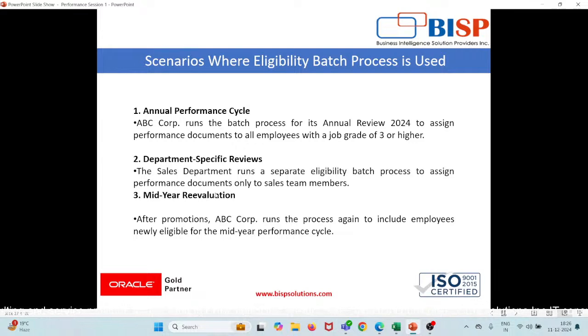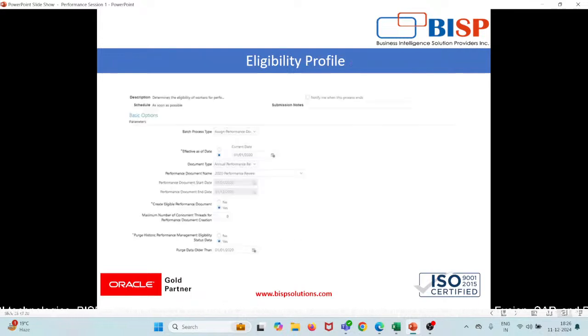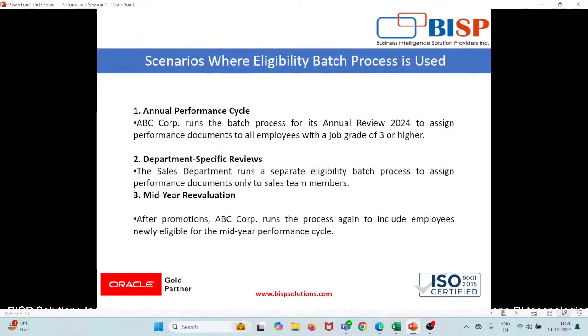Let's say for the sales department you want to run it separately, so you can do that. Then mid-year re-evaluation. After promotion, ABC Corporation runs the process again to include employees newly eligible for the mid-year performance cycle. So this was all about your eligibility batch process.